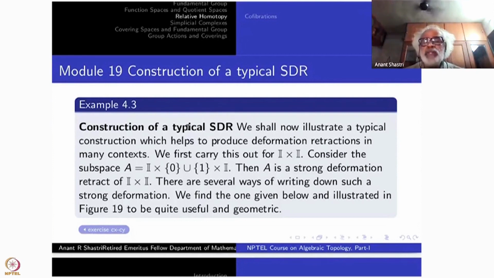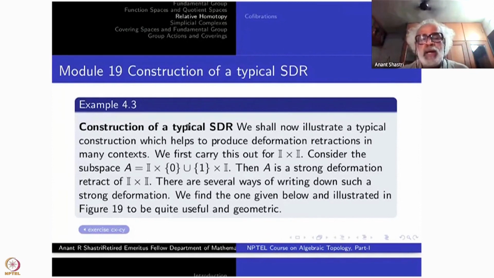So all these things we will carry out first of all in I cross I. Then slowly we will make it slightly more complicated, but that's it. After that, it can be used with slight modifications in many situations.